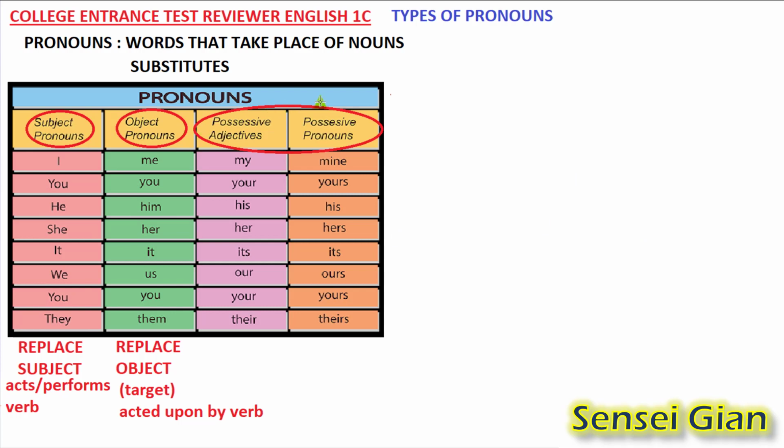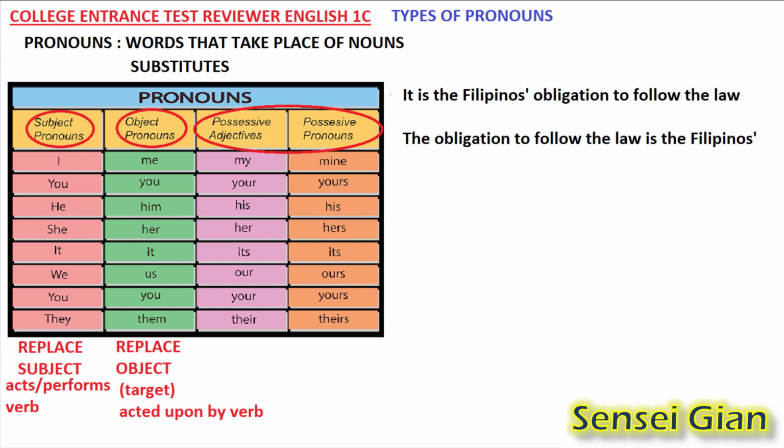In the matter of possession, we have possessive adjectives, which are actually pronouns again, and possessive pronouns. So how do they differ? I'll use a different sentence. Example: it is the Filipinos' obligation to follow the law.